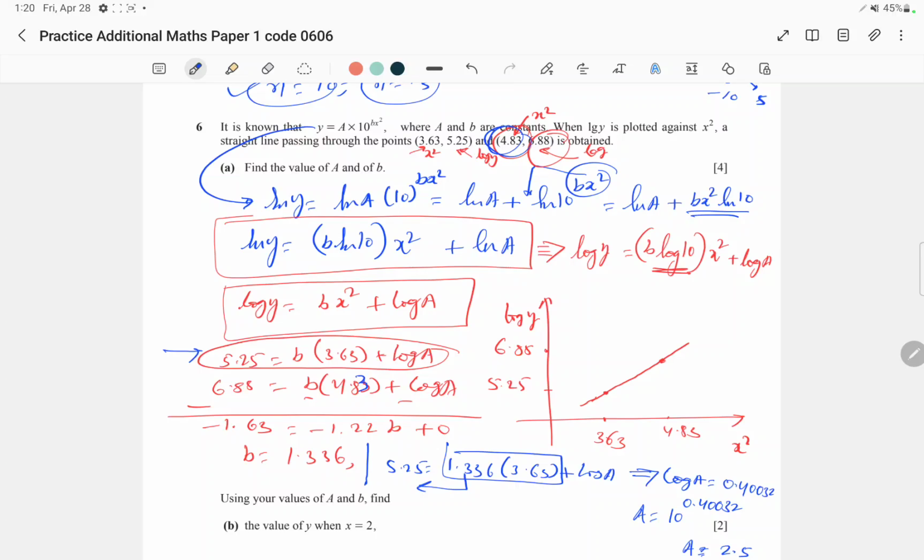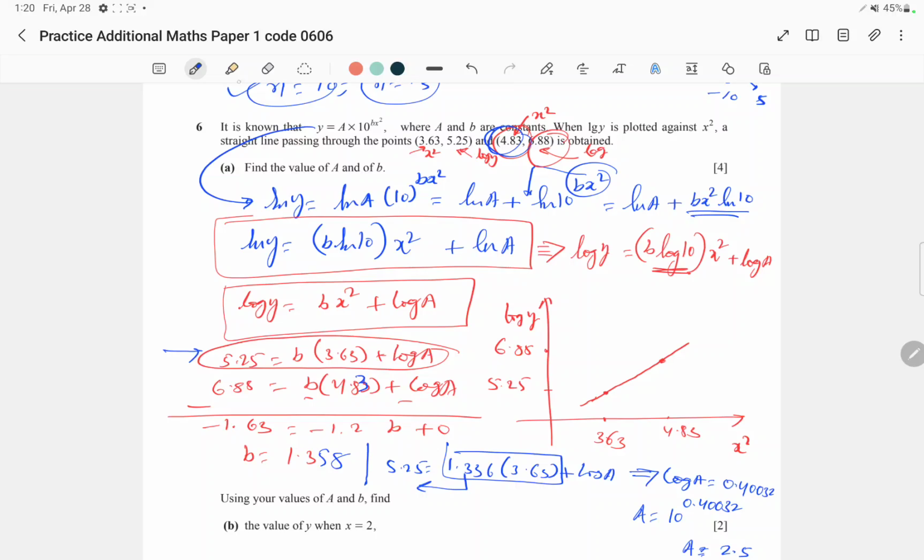If you take the difference, 3.63 minus 4.83, it is minus 1.2. If we divide minus 1.63 by minus 1.2, we get 1.358. So b is 1.358.